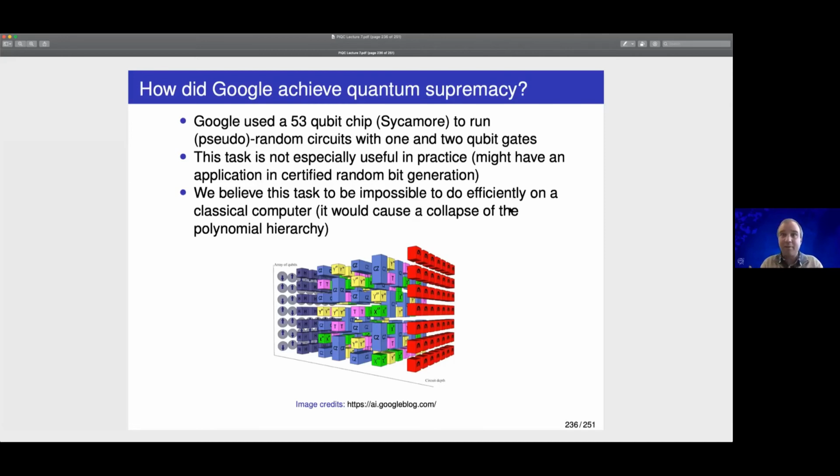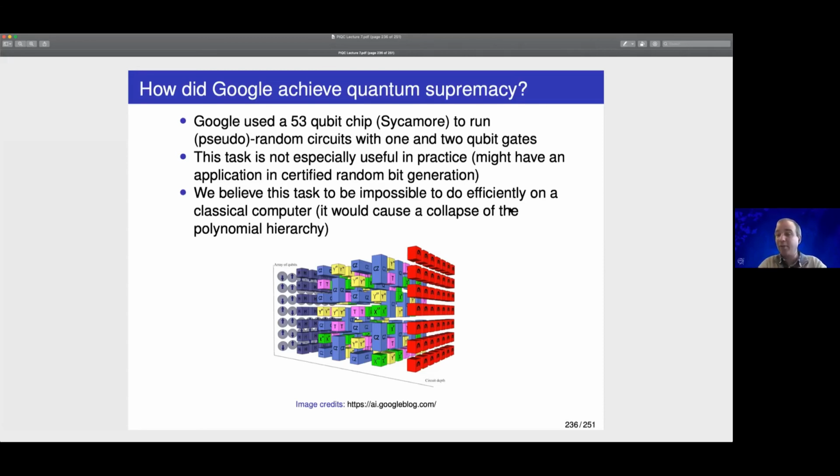It runs gates on qubits and then measures the results. So they thought, well, let's use a quantum computer to run random circuits and then check if what we are obtaining is compatible with what we expect from theory.